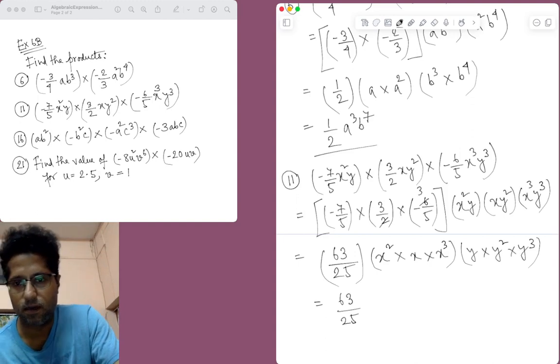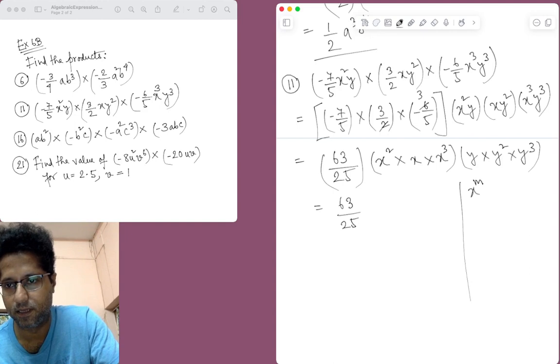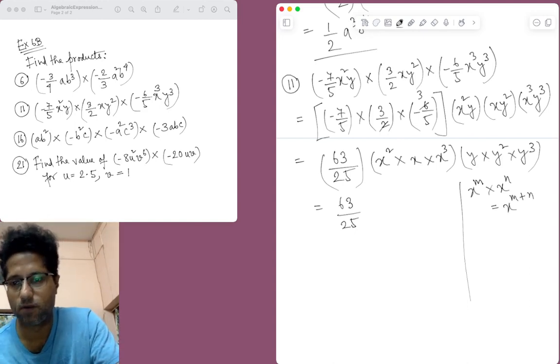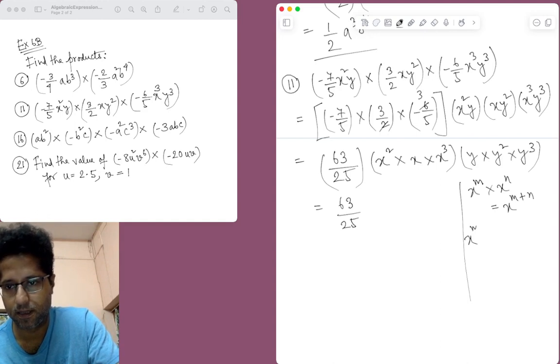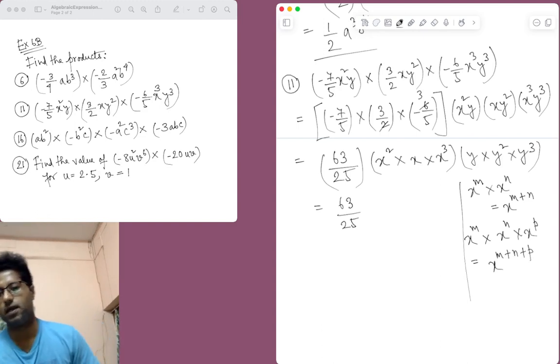As a side note, as per the laws of exponents, if x is a variable and m and n are integers, then this holds: x to the power m multiplied by x to the power n equals x to the power m plus n. But this holds for any number of such products, like x to the power m multiplied by x to the power n multiplied by x to the power p is x to the power m plus n plus p, and this can be for any number of products.